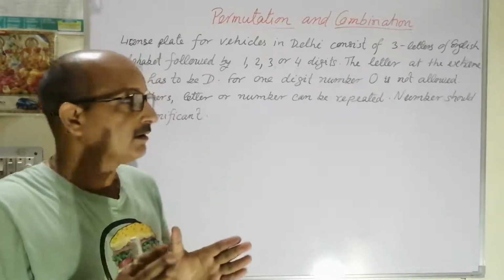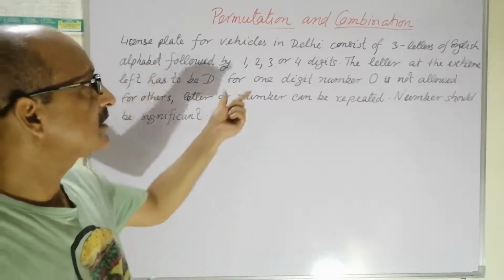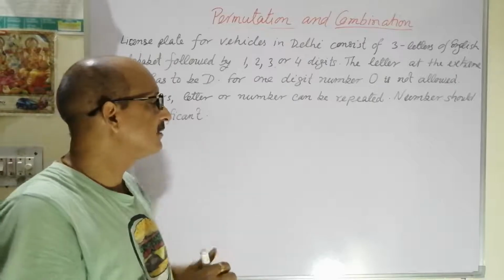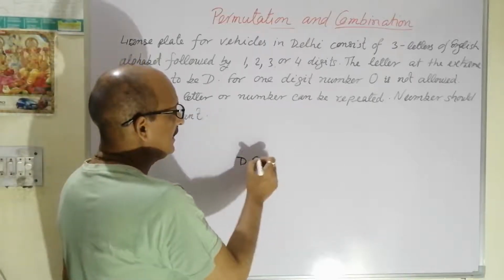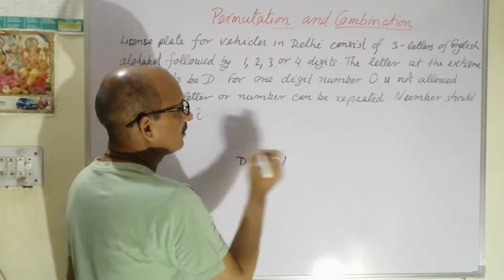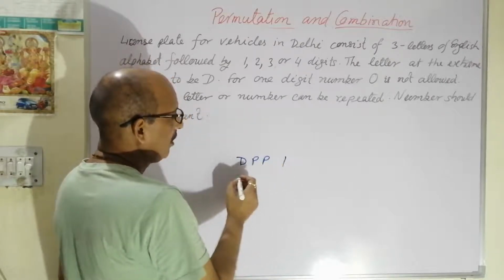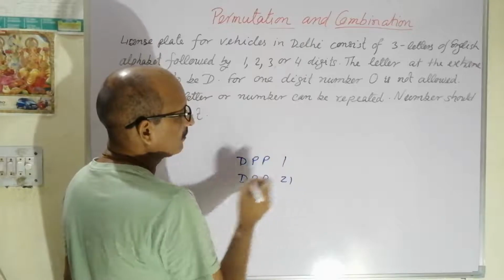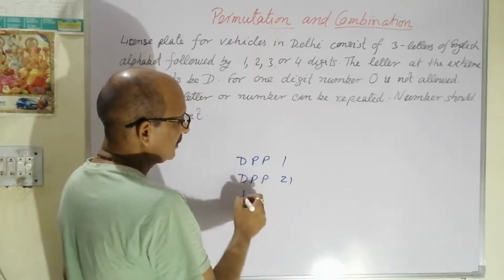Just think. A digit number can be a 1-digit number, just like DD, I am taking here D, P, 1. Or D, P, 2, 1. This can be a 2-digit number.